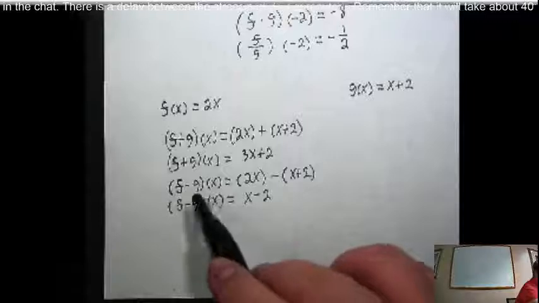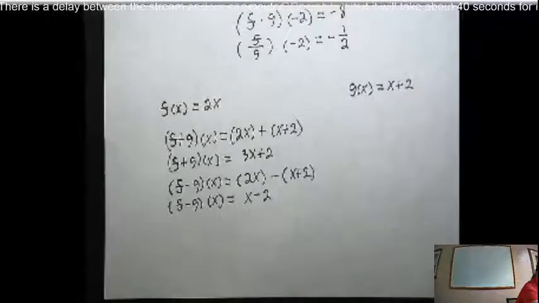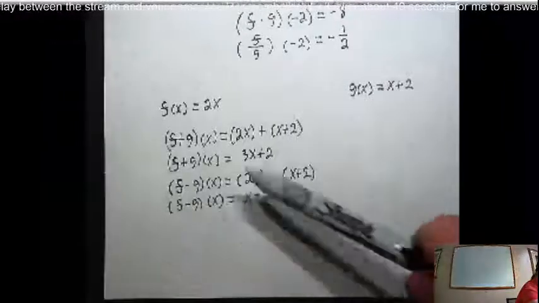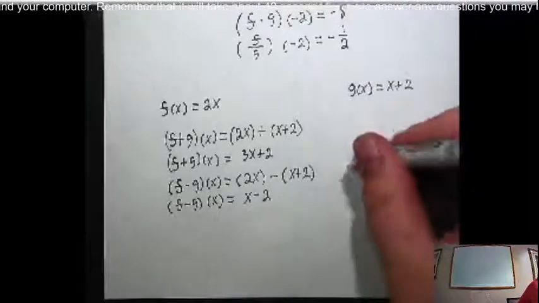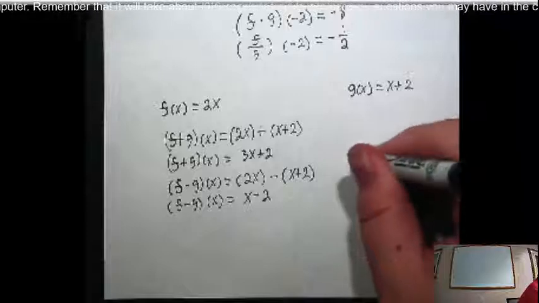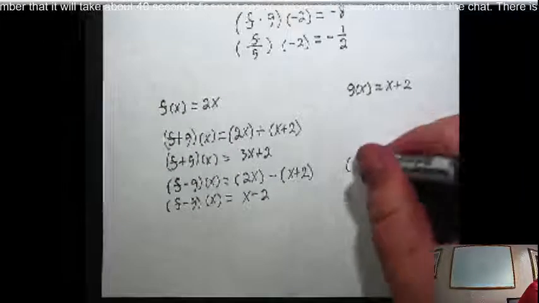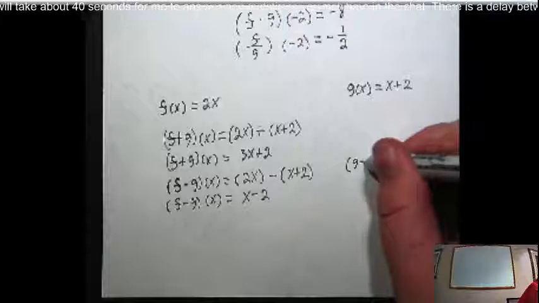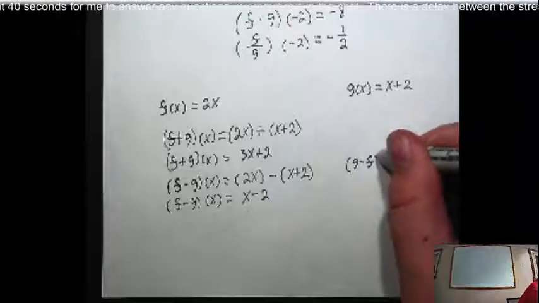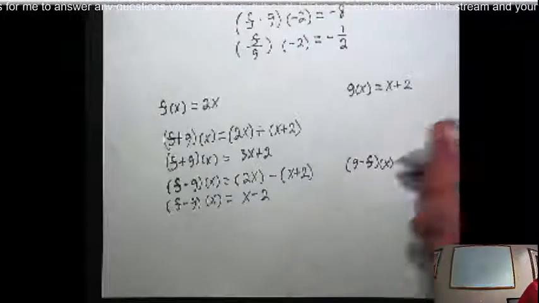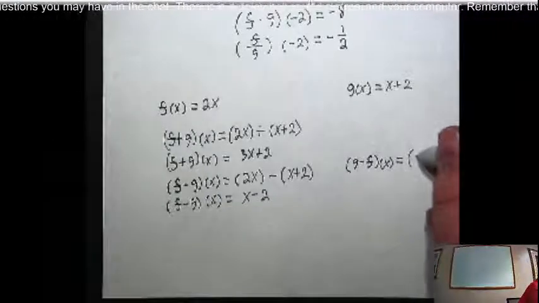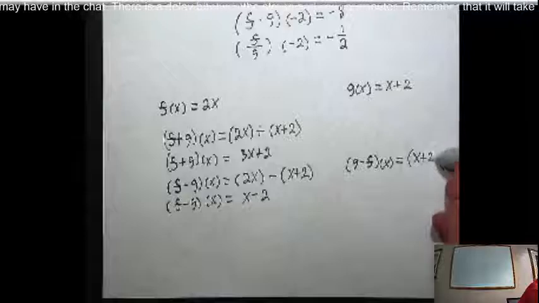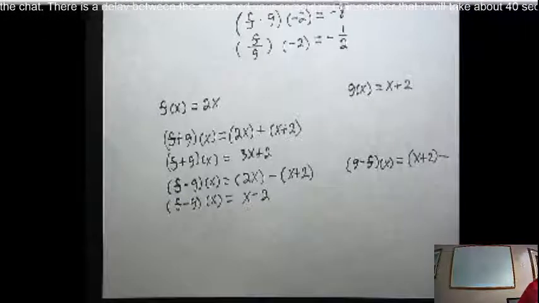However, when we're subtracting, we can't say the same thing. f minus g is going to come out to be, in this case, x minus 2, but what's it going to be if we do g minus f? Let's see. So g minus f of x equals, or g is x plus 2 minus our f is 2x.